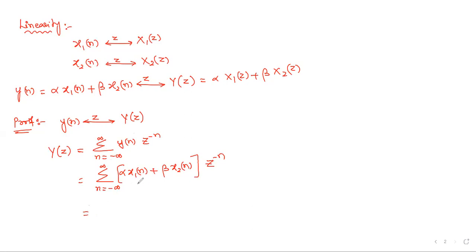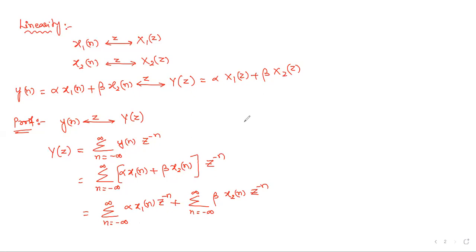Now write separate terms: summation of alpha x1 of n z power minus n plus summation of beta x2 of n z power minus n.